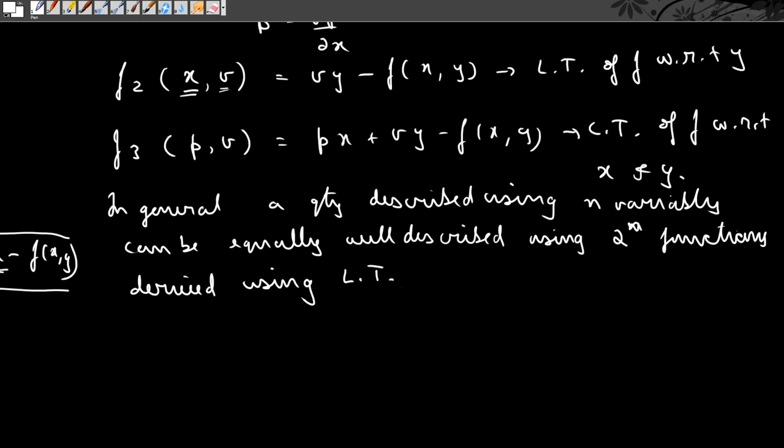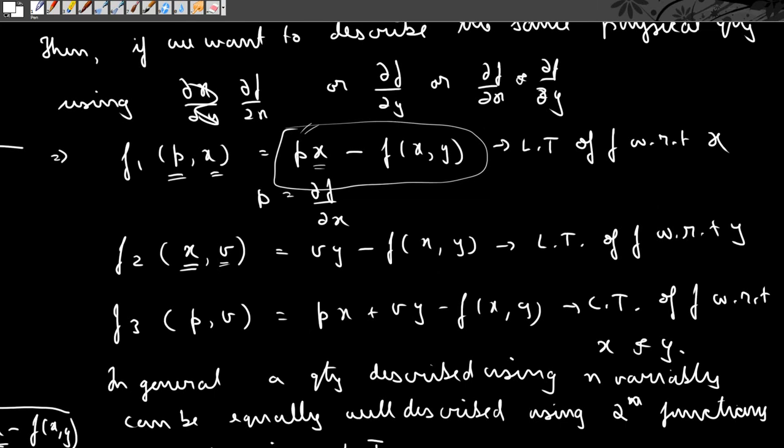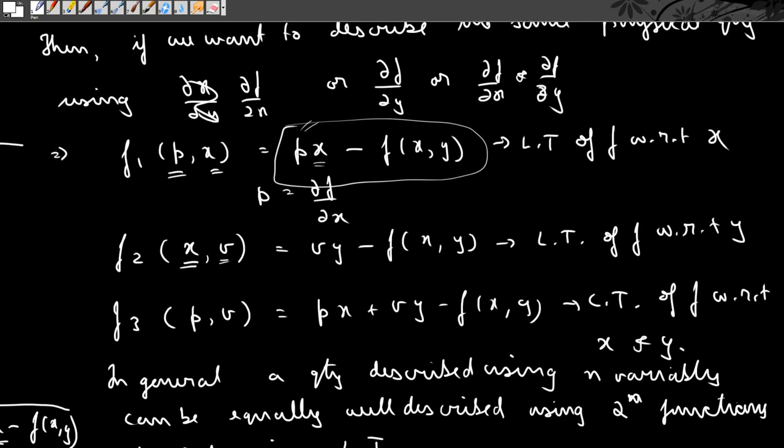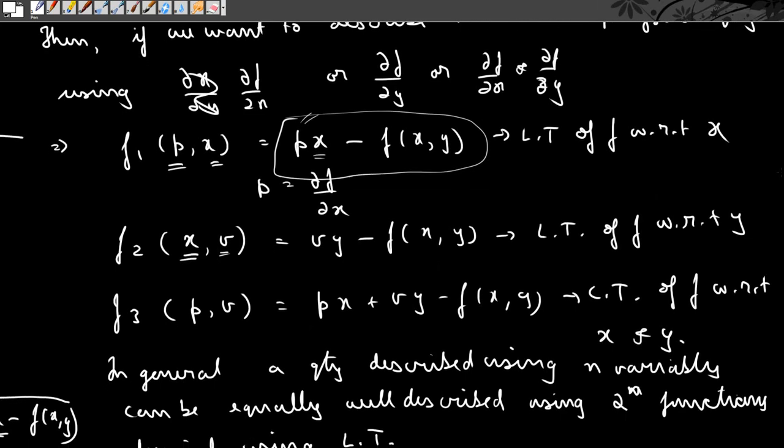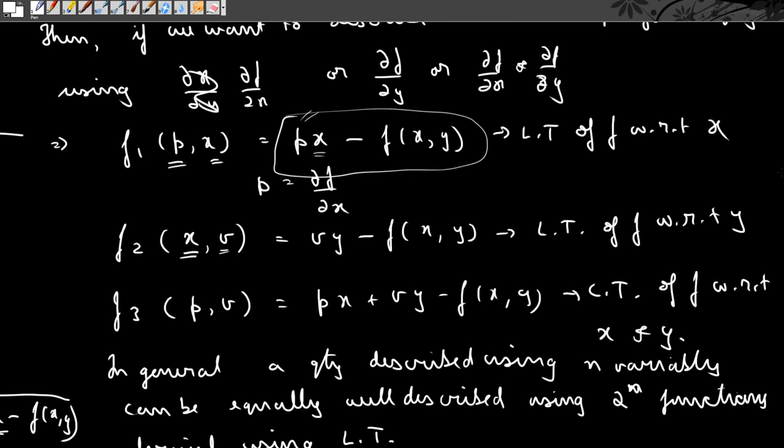Which means if we have a function which represents some quantity which depends on physical variables x and y, then I can represent the same quantity using four different functions which I can get by using Legendre transforms. And all of these four functions describe the same quantity but using different variables.